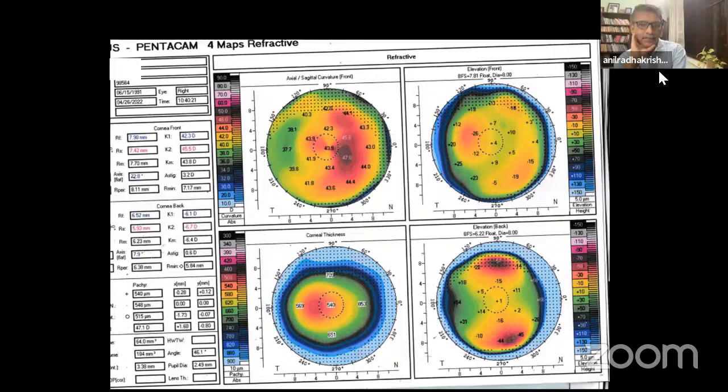Yeah. So we just need to wait and see whether this is going to become ectatic. But as of now, the patient's problem may be that the refractive correction may not have happened fully, and so maybe left with some residual cylinder because of the decentration which has happened. Yeah. Right. And the patient is obviously unhappy because she was having a lot of residual refractive error.